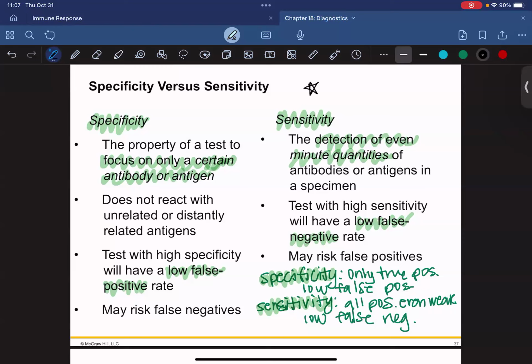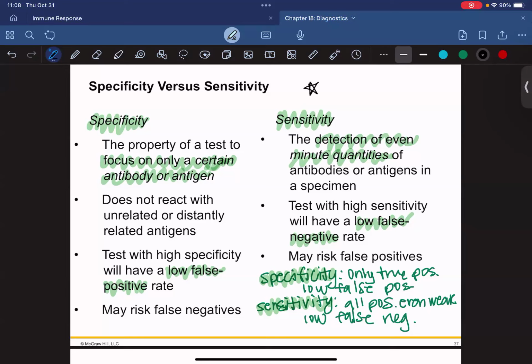That's sensitivity. Specificity is just a different thing. It's not against it. They work together. Specificity is looking at it as I'm only going to see the positives. I'm not going to accidentally pick up negatives and call them positives. So with specificity, you're only seeing positives and not accidentally calling the negatives positive. So low false positives, because remember, a false positive is calling something positive if it is not positive.